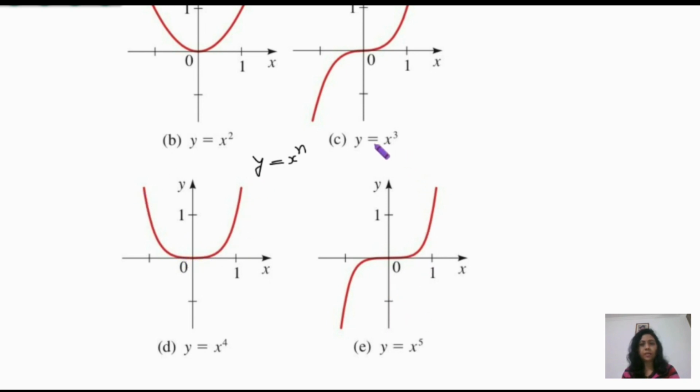If n is an odd number, the graph of y equal to x cubed is like this, and as the odd number increases, the graph is flatter around the origin and steeper elsewhere.